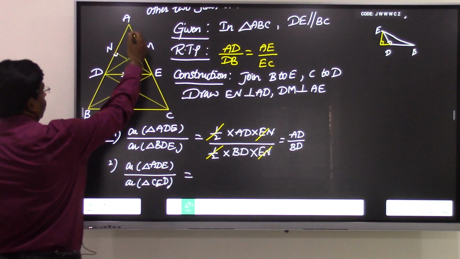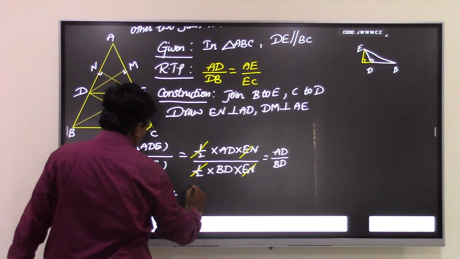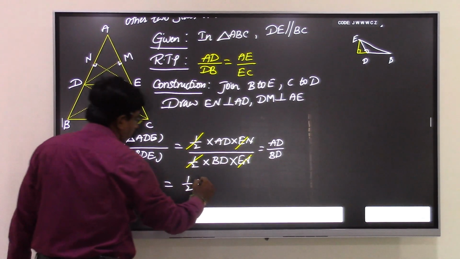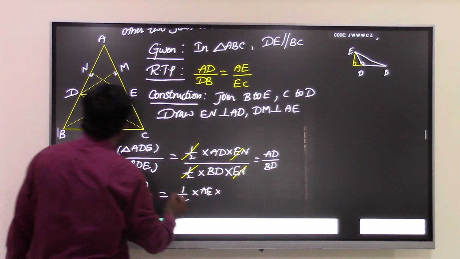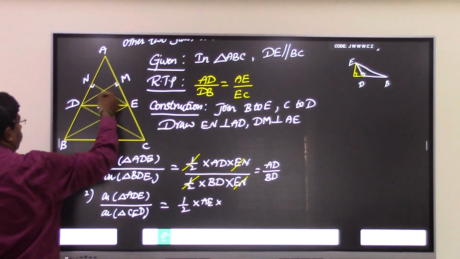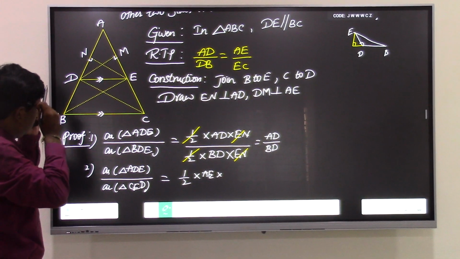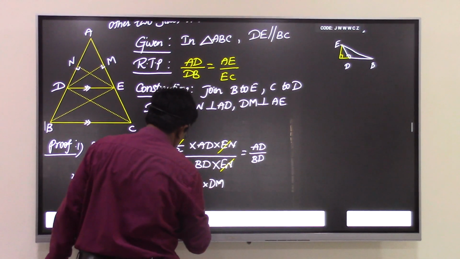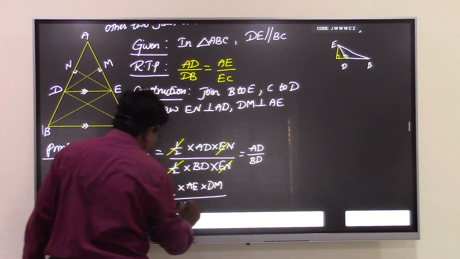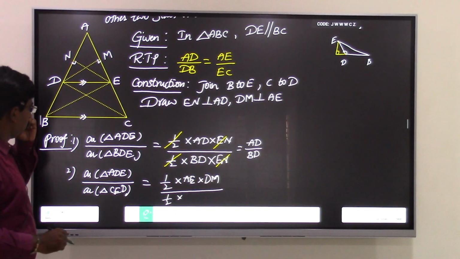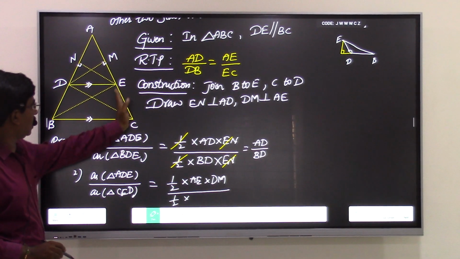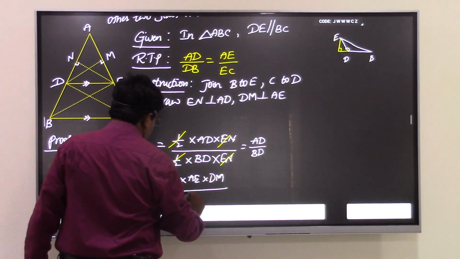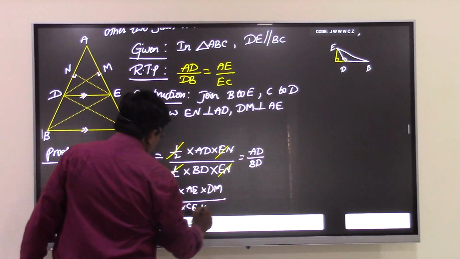Because now I am taking AE as the base, half into AE into altitude DM. DM is the altitude, by half into, in this triangle CED, I am taking CE as the base, because we have the side CE here to prove. So half into CE into.